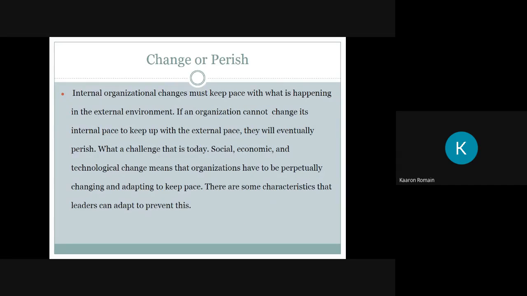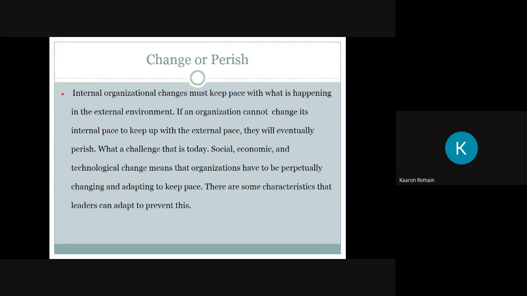Change or perish. Internal organizational changes must keep pace with what is happening in the external environment. If an organization cannot change its internal pace to keep up with the external pace, it will eventually perish. What a challenge that is today.